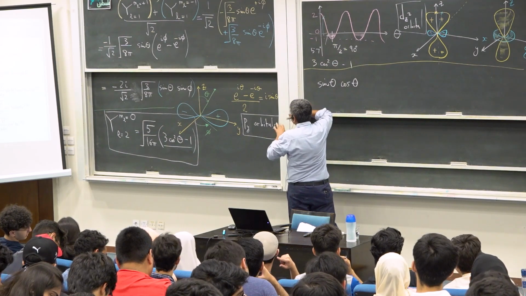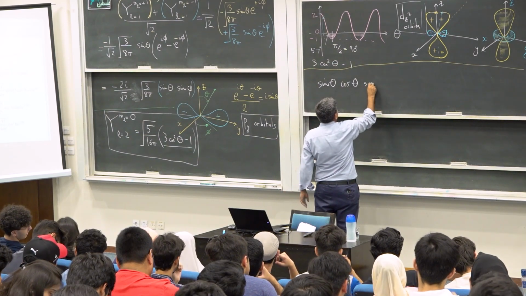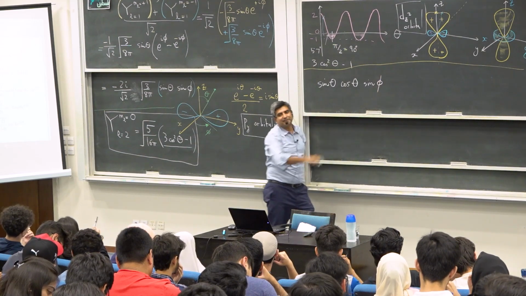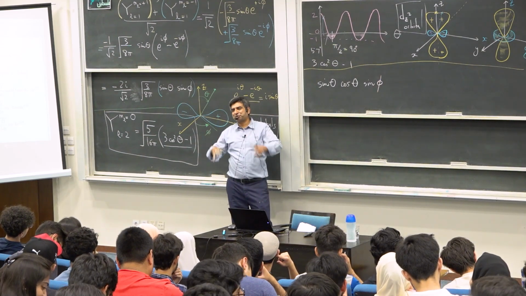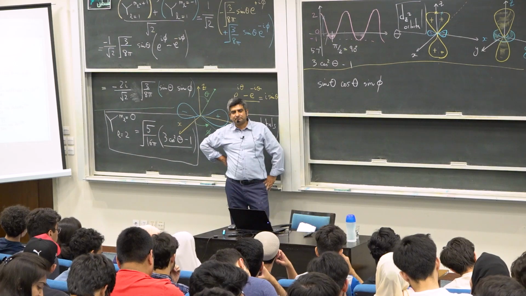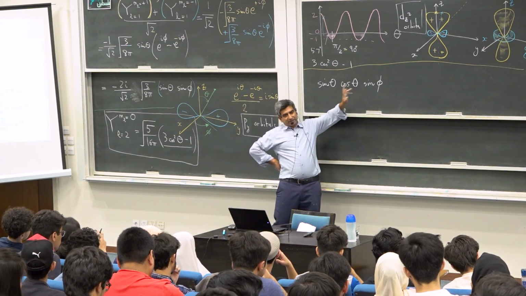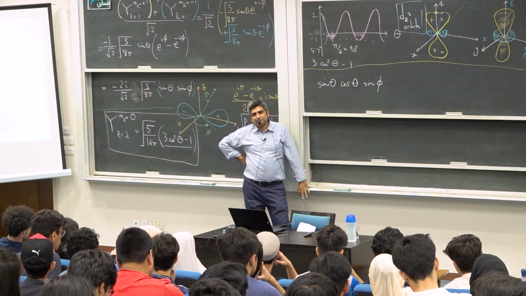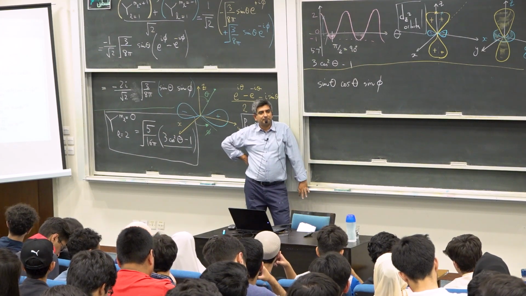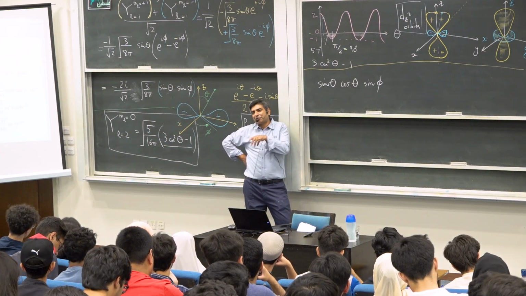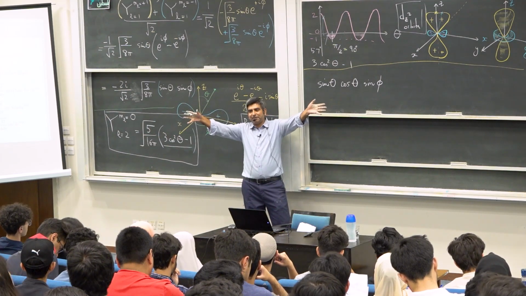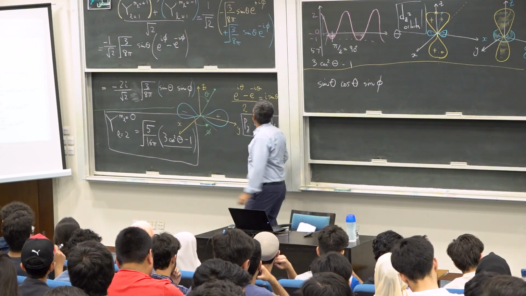So I get 2i sine phi. So this is a superposition that I create. If I take a negative superposition, I'll get a cosine phi over here. All right, is this clear? So I'm taking one kind of, no, not clear? So is this clear to you?